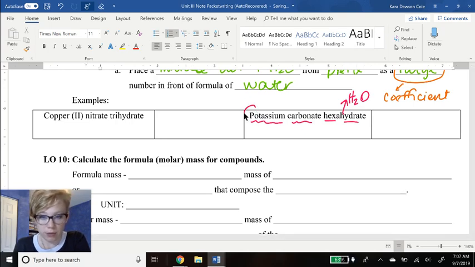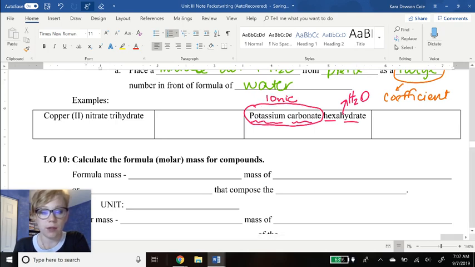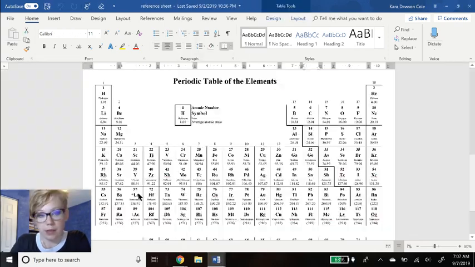So everything in front of hydrate is the ionic compound, and then the hydrate is just the water molecule. So potassium, I know potassium's K, right? It's right there.